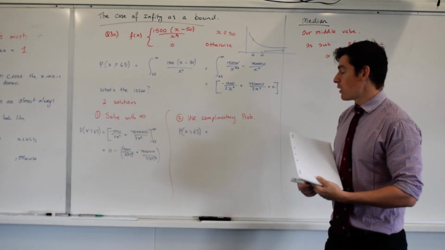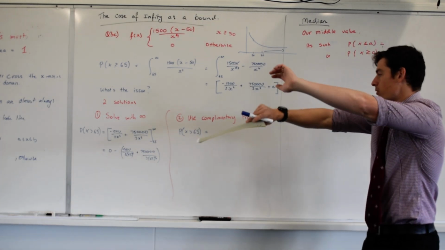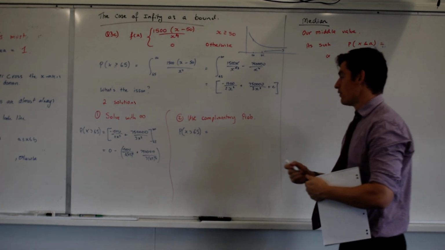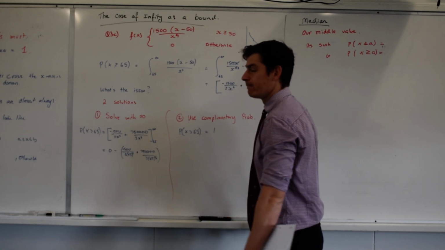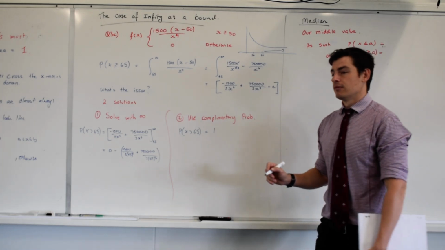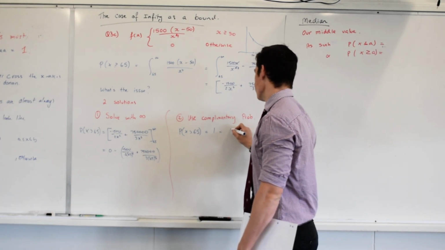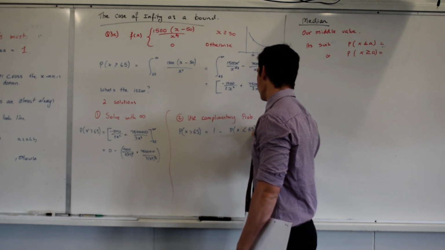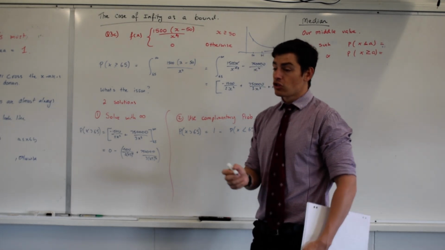So the second way I can deal with this is I can say, well, I need to know the probability x is greater than 65, which is equal to what? I'll give you the first line. Yeah, so 1 minus the probability x is less than 65. Cool? Just complementary probability.